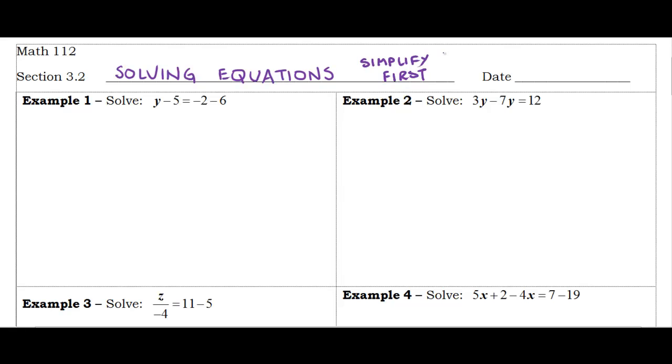And simplify meant two things. Step 1, remove what? Parentheses, if there are any. And step 2, combine like terms. Good. Two very simple ideas that we practiced in 3-1.